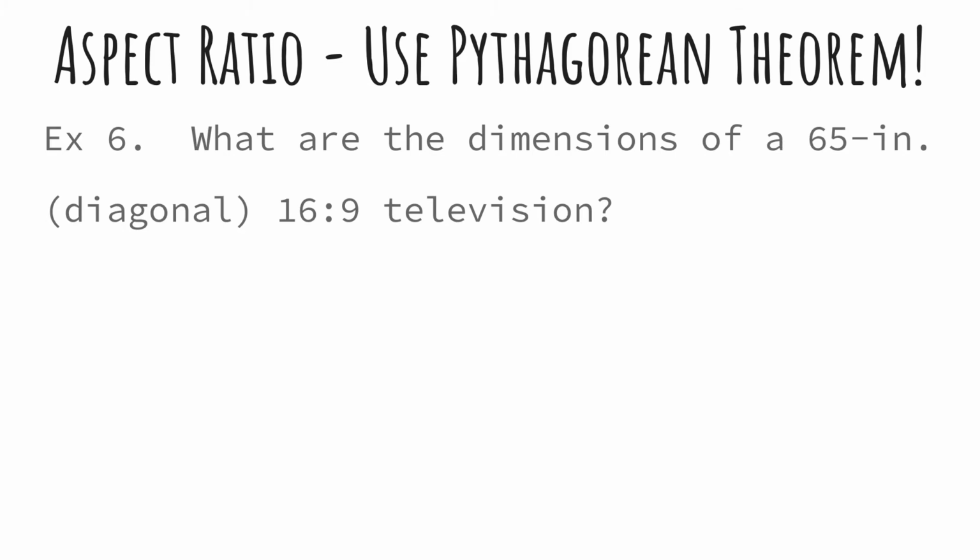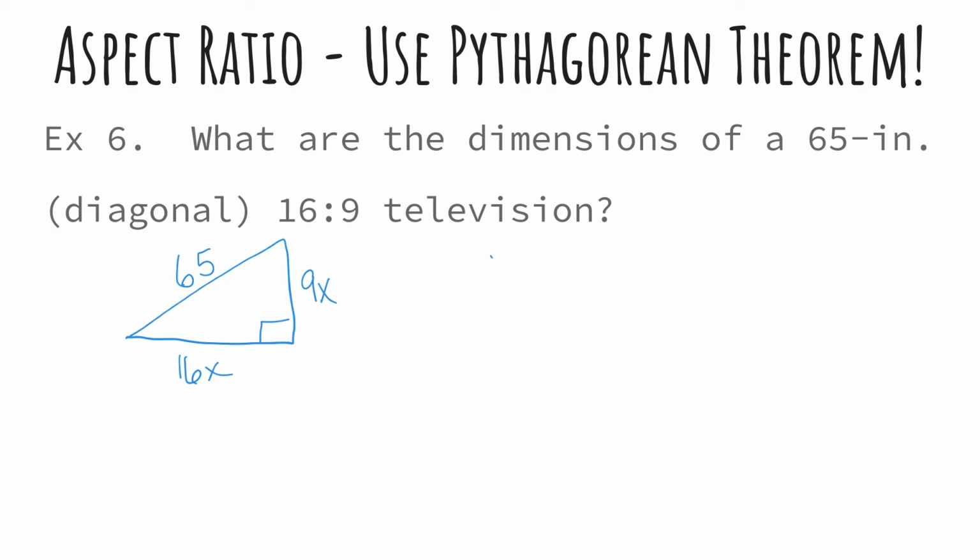All right, last one says, what are the dimensions of a 65-inch diagonal 16:9 television? So we're going to draw just the right triangle. We don't need the whole rectangle. We know that the diagonal is 65, and we know that these dimensions are 16x by 9x. We've got to figure out what that common factor x is.